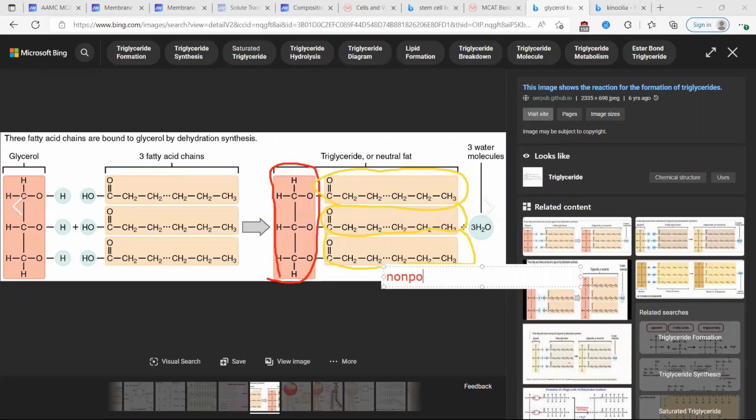Now, the glycerol, you can say it has a little bit of polarity on the inside where the oxygens are. But overall, these long carbon chains are so nonpolar that it kind of overrides any slight polarity that you might get from the glycerol.